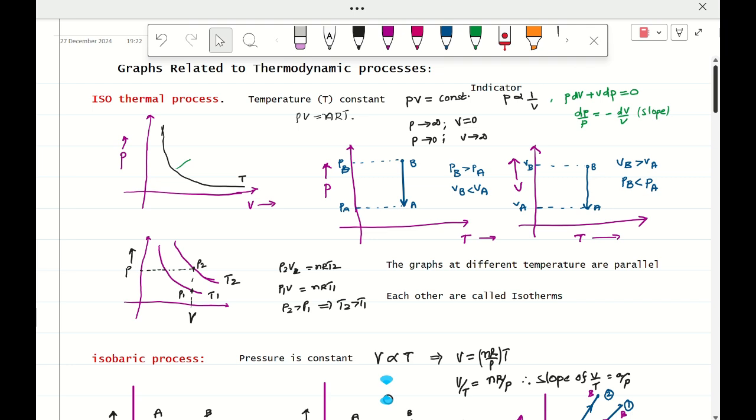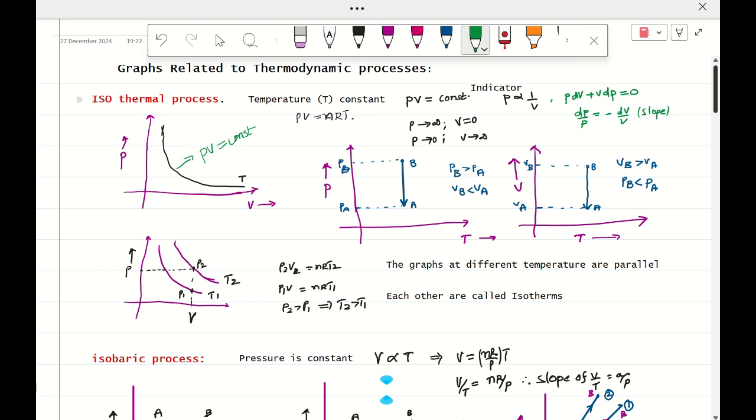This graph is PV is equal to constant. In a polytropic process, PV to the power n is equal to constant. Now we will see the pressure versus temperature graph.